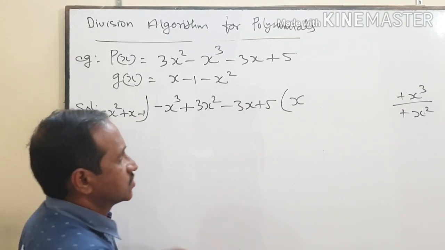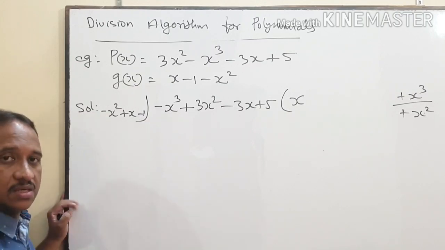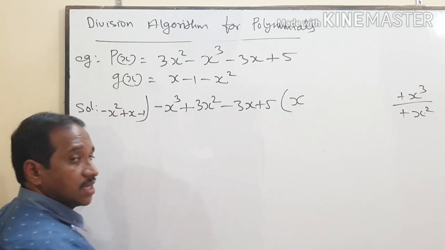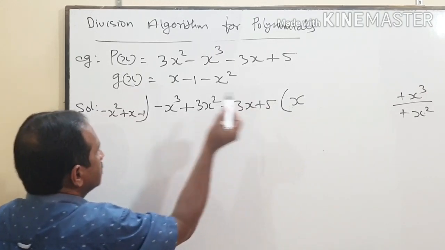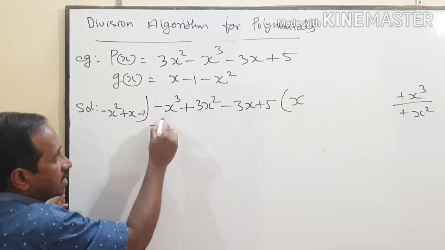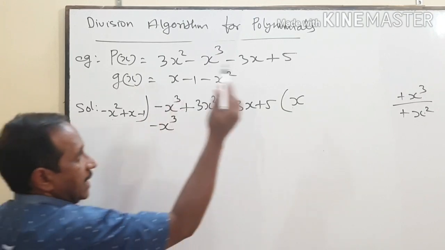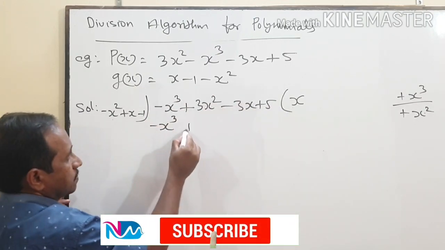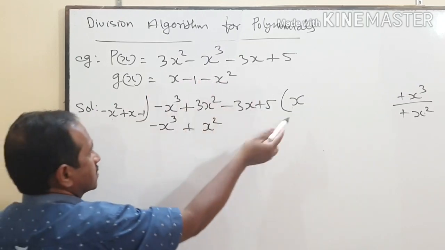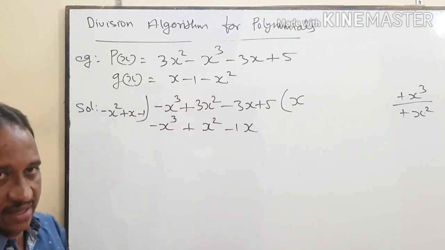The next step is to multiply this x with each term of the divisor and write down under the various terms of the dividend. X into minus x square, that is minus x cube. So I write this term under x cube. X into plus x, that is plus x square, that I write under x square. X into minus 1, that is minus 1x, that I write under x.